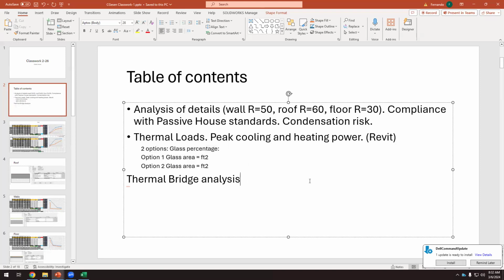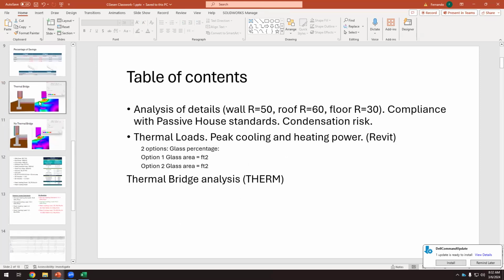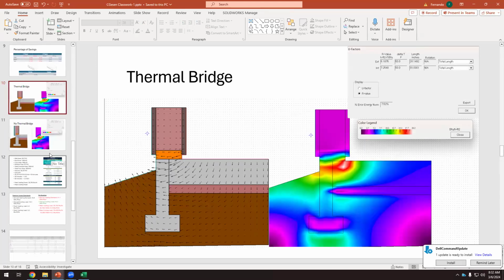So what's the thermal bridge analysis? I use Therm. That's the software that I used. And what are the conclusions of this analysis?